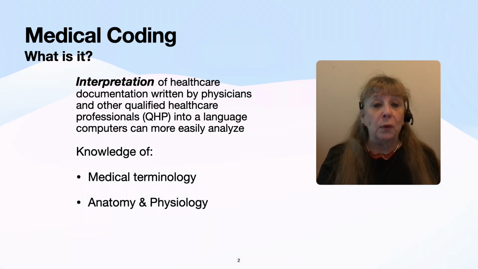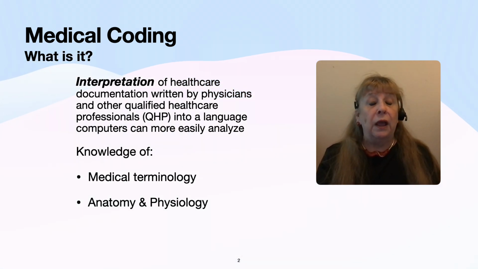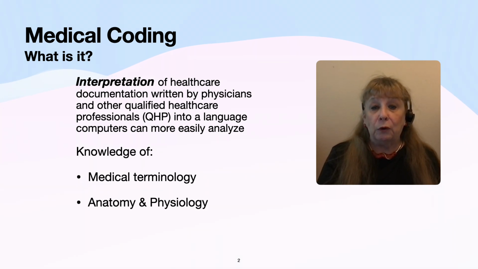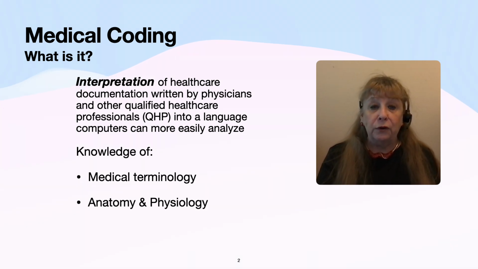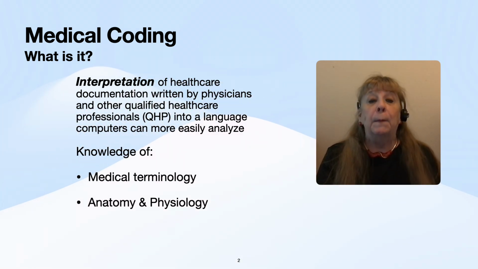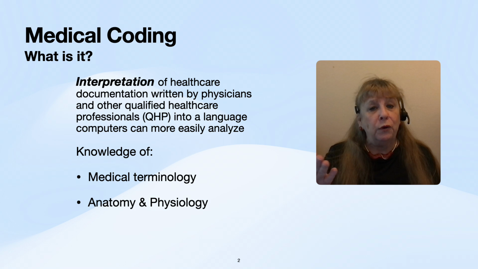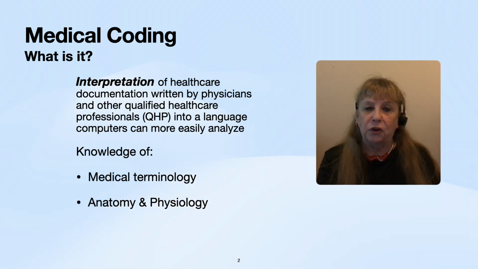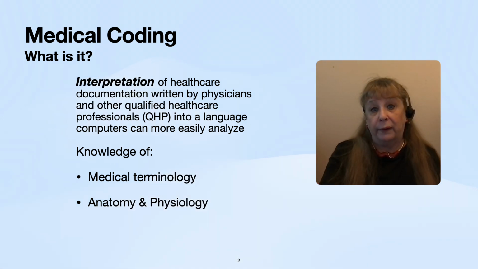But this also explains why anybody going into medical coding needs to really understand and take medical terminology as well as anatomy and physiology, because otherwise, how are you going to understand what the physician is talking about or writing about?